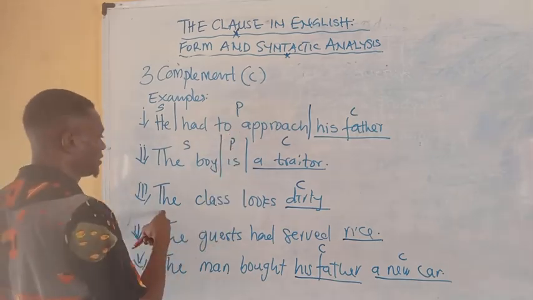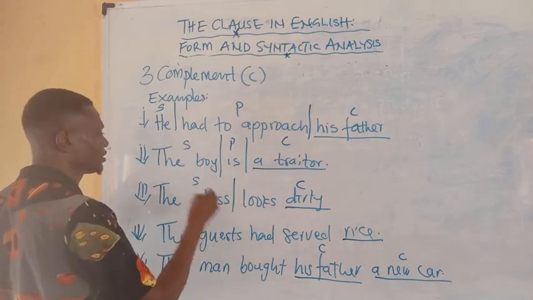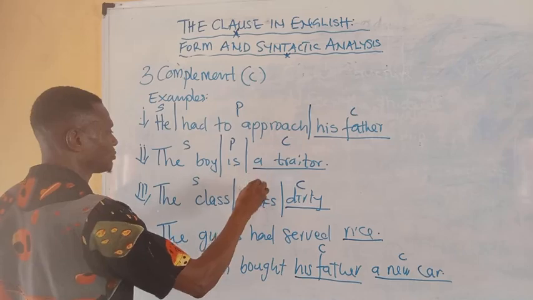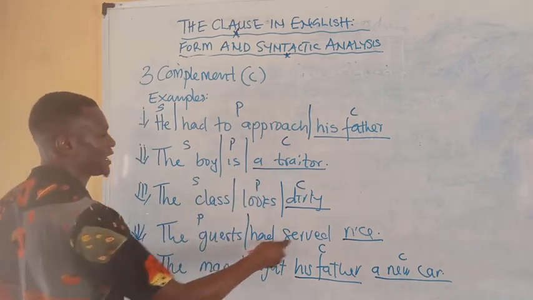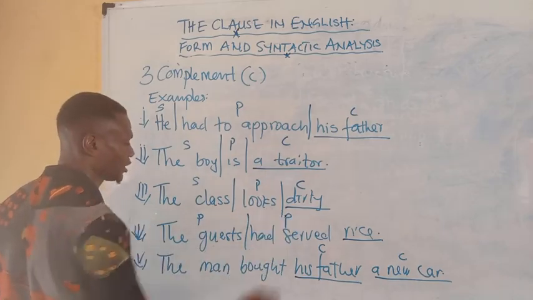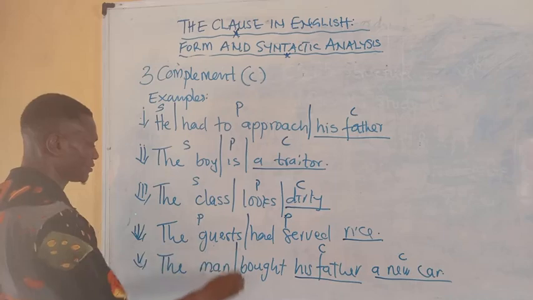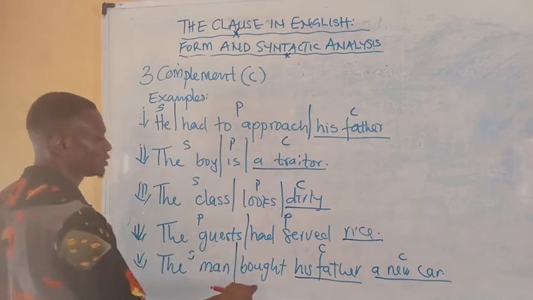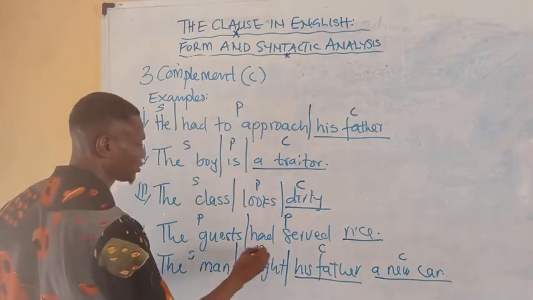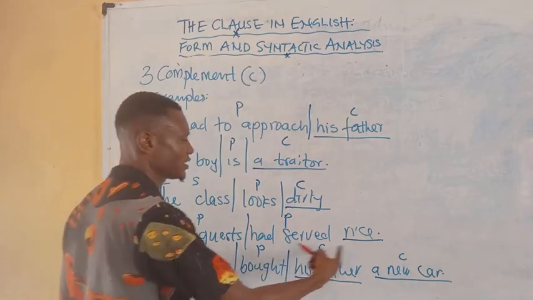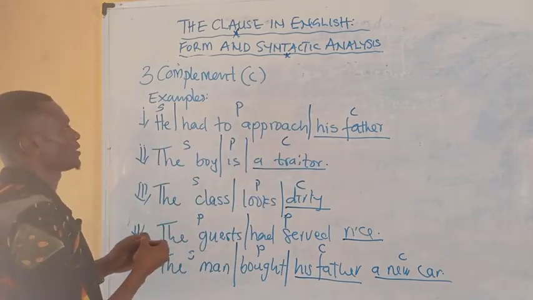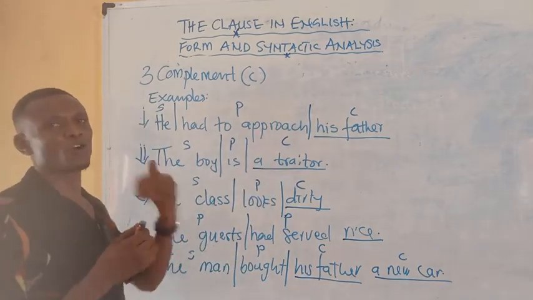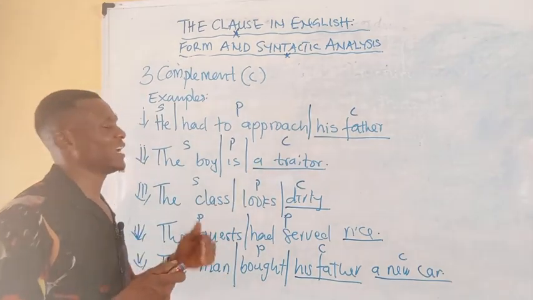Then here, the class, subject, looks, predicator. The girls, subject, have said, predicator. The man, subject, bought, predicator. So here, complement.